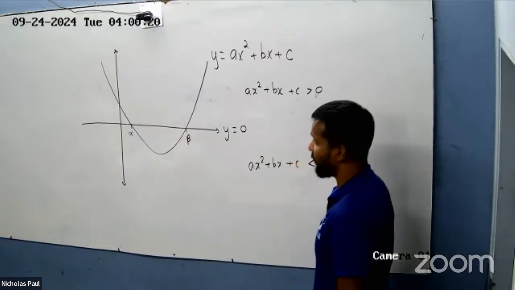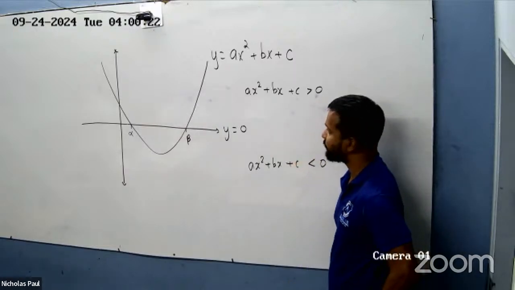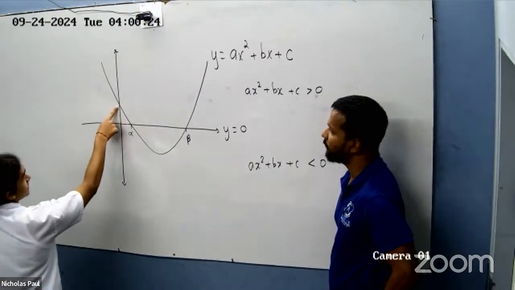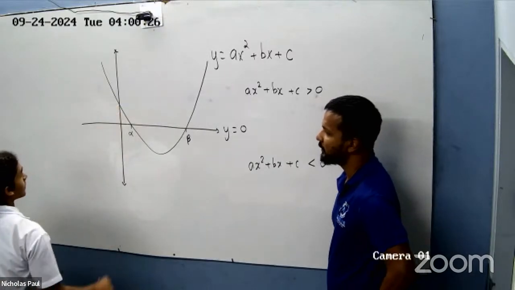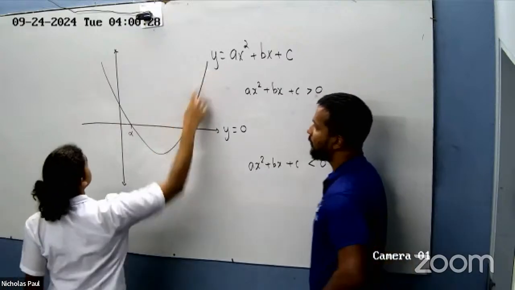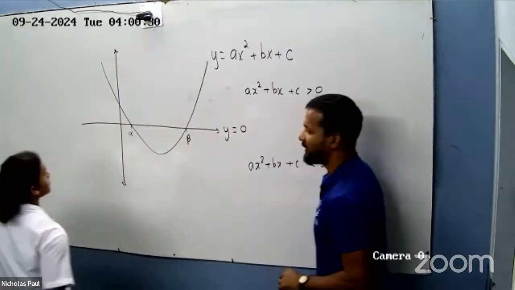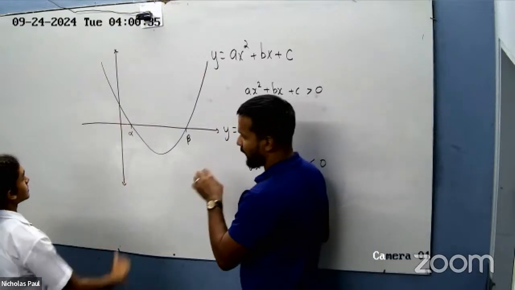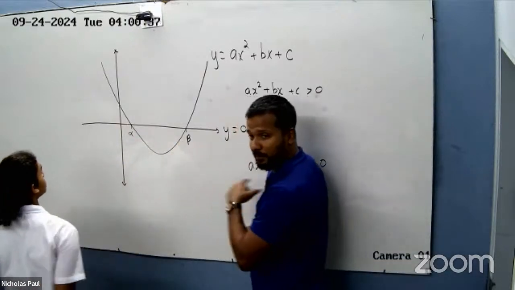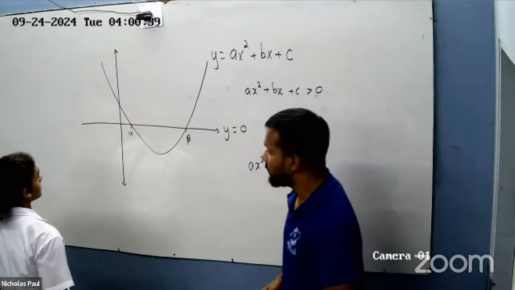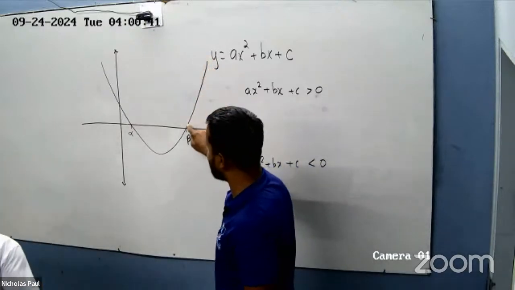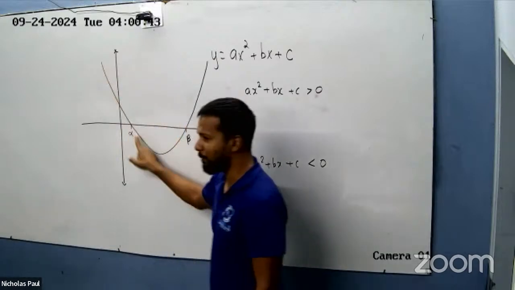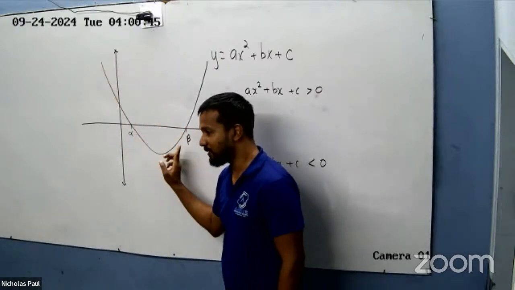Where is the part of the graph that is more than 0? Here and here, and which part is less than 0? On the graph itself, that part. So this part of the graph is more than 0, and this part of the graph is less than 0.